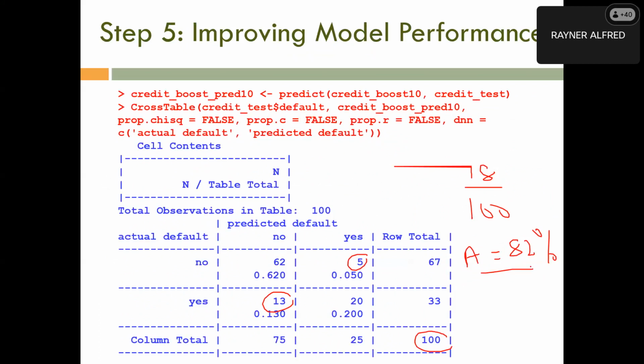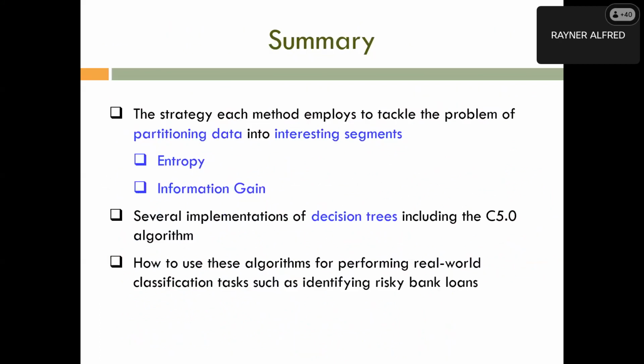So in summary, in this session, you need to know how to compute the entropy before and after. By having this information, you can compute the information gain. So the objective is to maximize the information gain by reducing the entropy value after splitting.